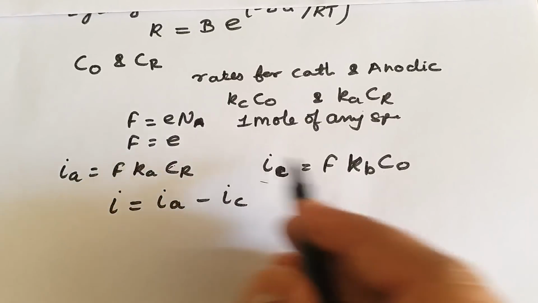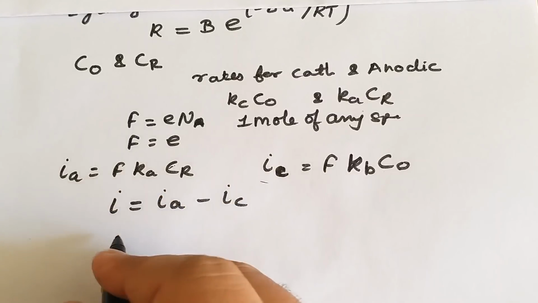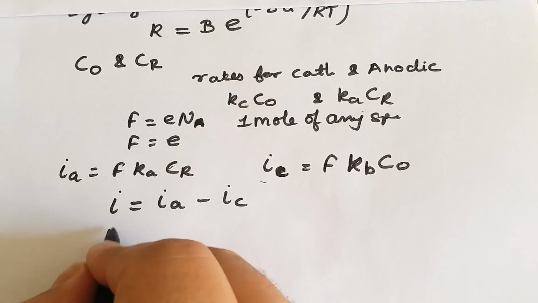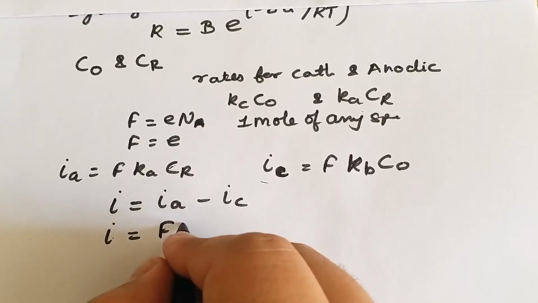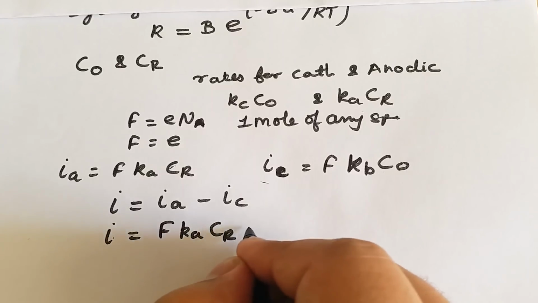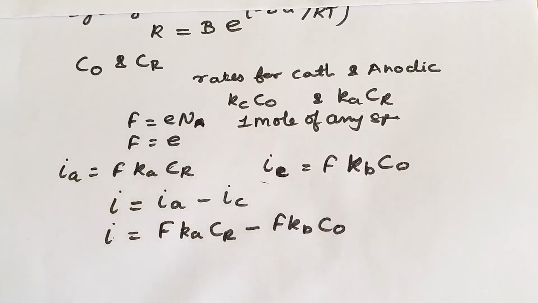We have the value of IA, we have the value of IC, so both these values we can substitute right away in this relationship. So the net current density I can be written as F of Ka into CR minus F of Kb into C0.